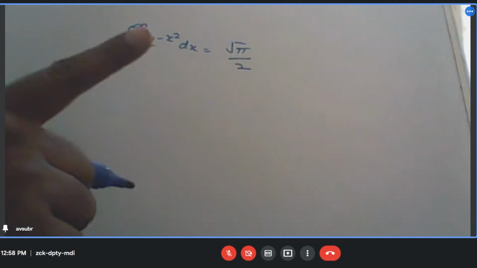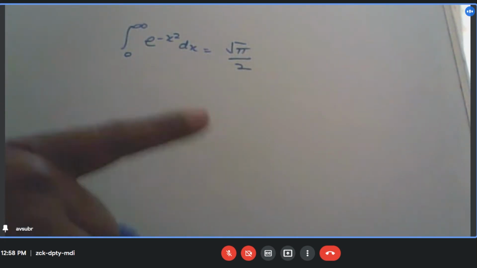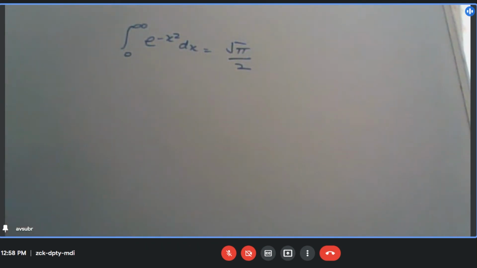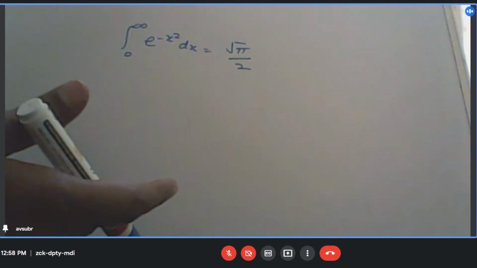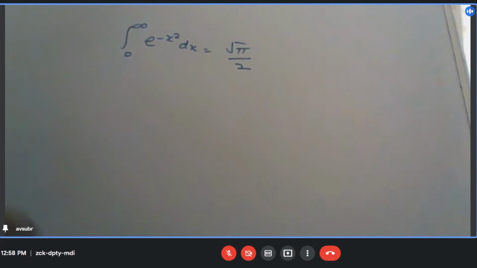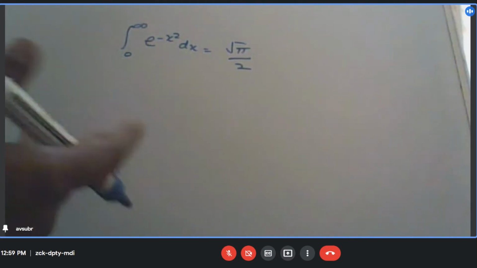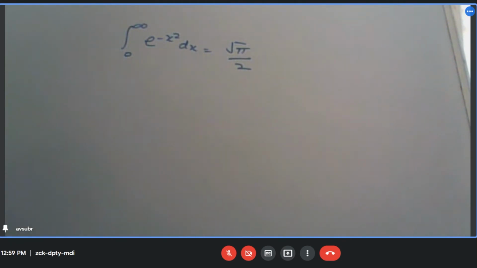Now, this particular integral you will encounter many times, and directly you will be given the value. But how it has come, let us see. In future, you will be using this integral, or this type of integrals, a lot.